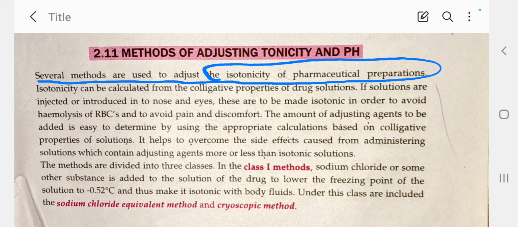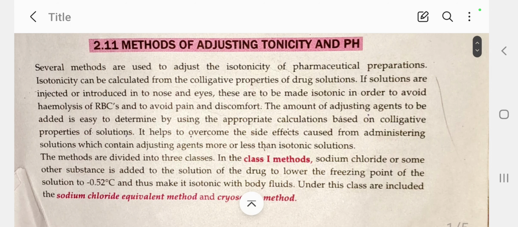Because of this, in order to prevent the hemolysis of RBC, we have to maintain the isotonic solution, so that if RBC are immersed or suspended in that isotonic solution, the cells retain the same size and shape. So we have to adjust the tonicity with isotonic solution.